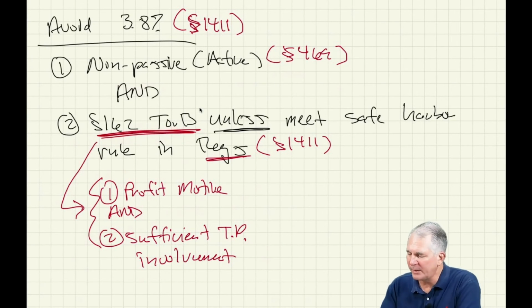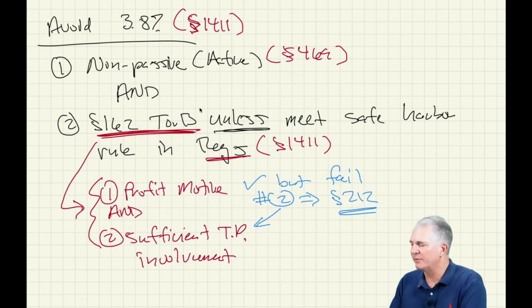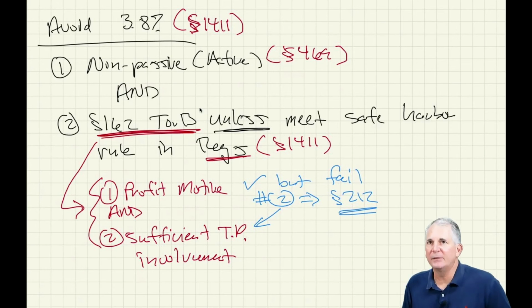So what you need to realize is that if you have a profit motive, you meet test one, but you fail number two, it's going to result in a for-profit business, but your expenses get deducted under Code Section 212. Okay, a different code section.